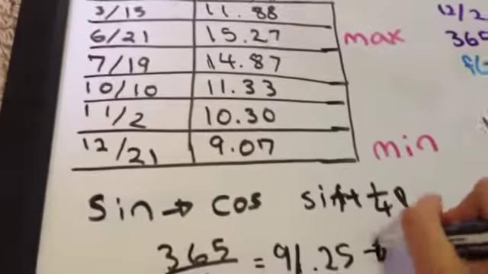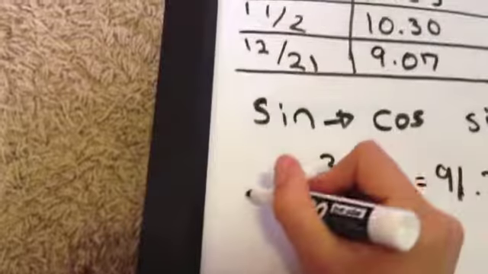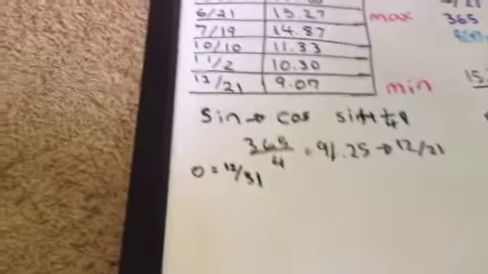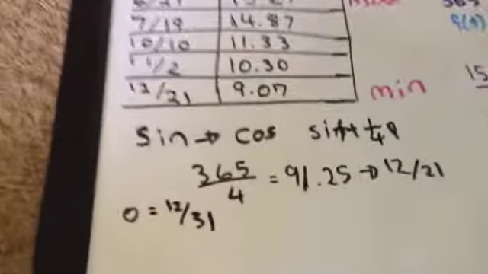The 91.25 is when it starts at December 21st. But our equation must start, our 0 must be December 31st. So we need to shift 10 and go more positive 10.